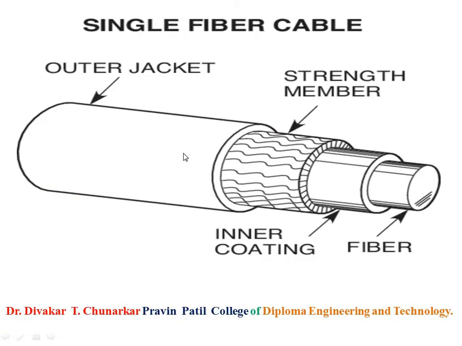So in the optical fiber there are two main conditions that depend on total internal reflection. In total internal reflection, only reflection takes place, not refraction. The first condition is mu1 greater than mu2, that is the first refractive index is greater than the second refractive index, and the second is i greater than theta c, or the angle of incidence is greater than the critical angle.